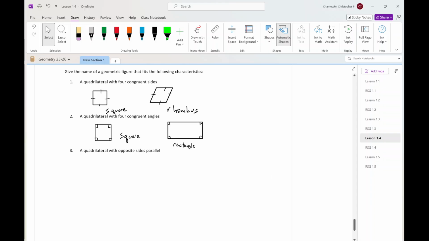A quadrilateral with opposite sides parallel. Well, again, a square works. See if it'll draw a square. There we go. So the opposite sides are parallel to each other. A rectangle works. So again, the opposite sides are going to be parallel to each other.